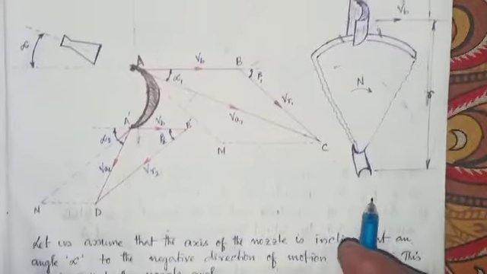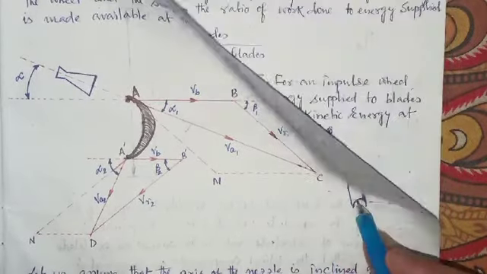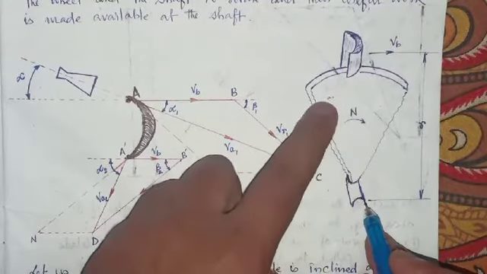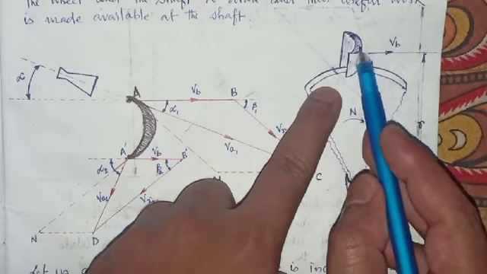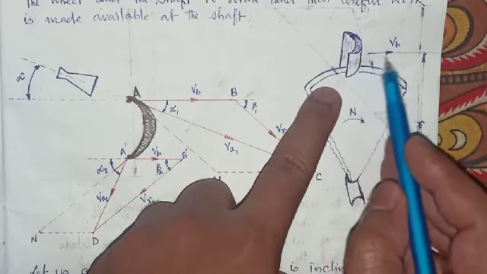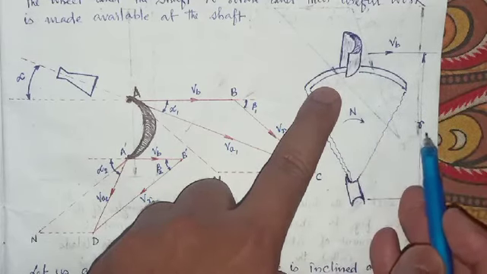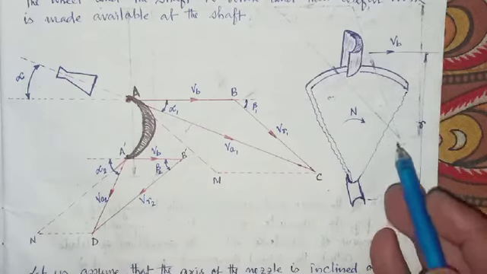Mean means, if this is the axis of the shaft, the distance to the middle position of the bucket. This much radius is known as the radius of the blade.